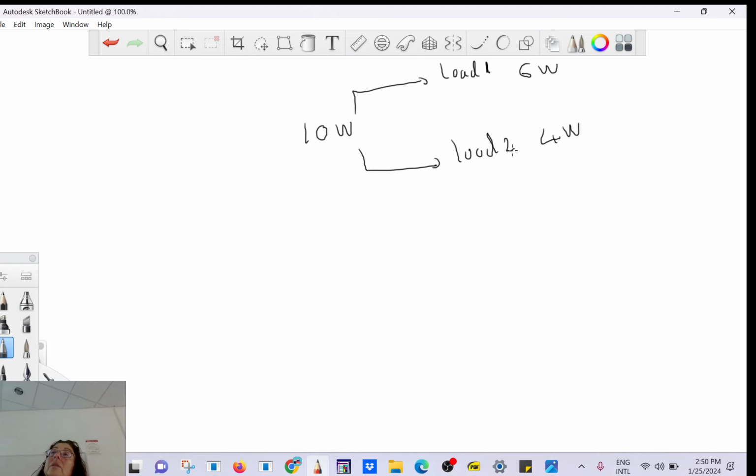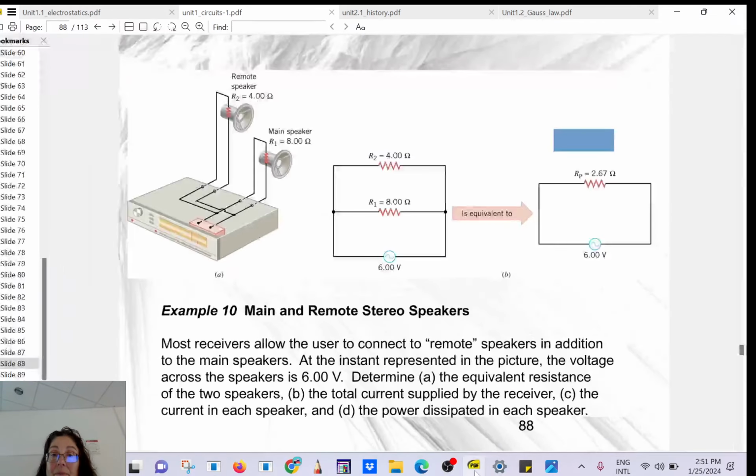So it's according to its appetite. Every single load gets whatever it wants according to its resistance. But there is a conservation of energy. It has to add up to 10. Whatever comes in has to come out. Doesn't work for calories, okay? It's not true that calories in equals calories out.